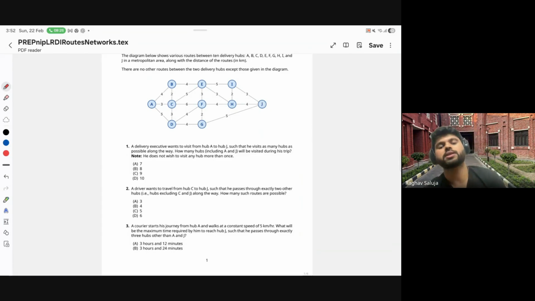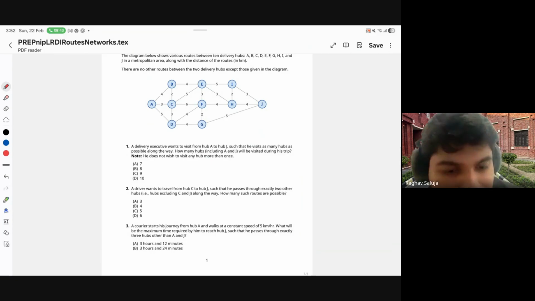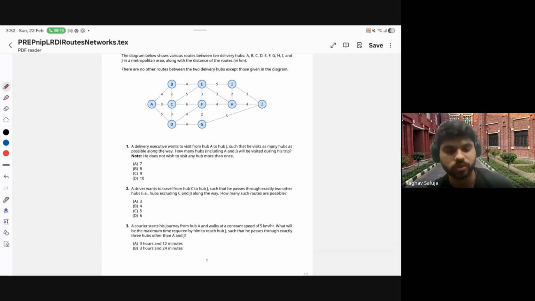So what we do is we try to trace a path that touches all the 10 hubs. If we are able to, our answer is simply 10 because it cannot be more than 10. And if we are not able to, then we'll try to eliminate and see.